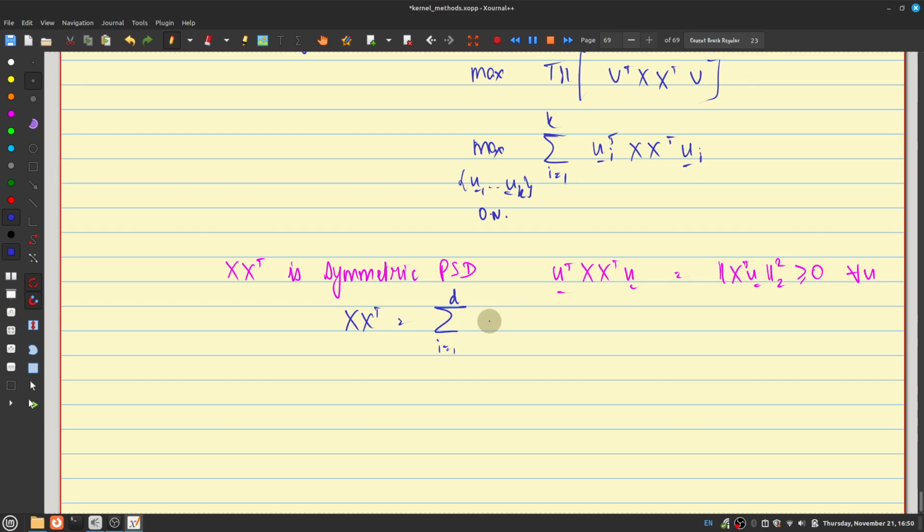So XX transpose is summation i equal to 1 to d lambda i e i e i transpose, where e i is the eigenvector corresponding to lambda i. It's PSD, so all of the lambda i's are guaranteed to be real and non-negative.